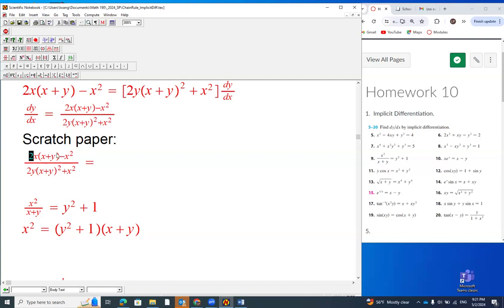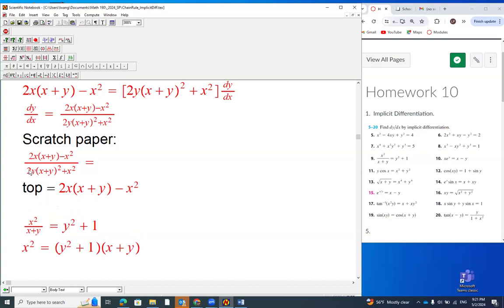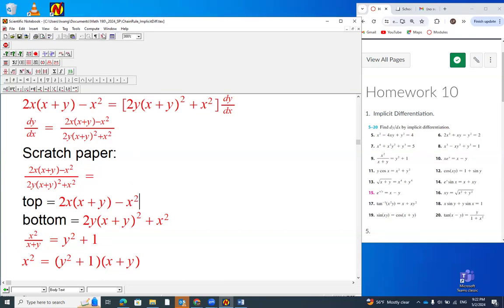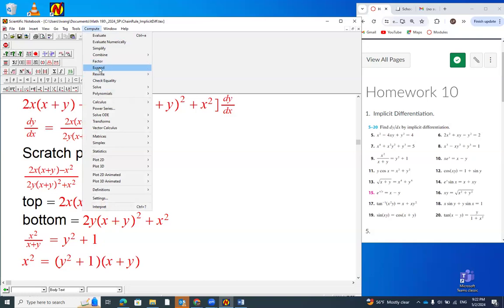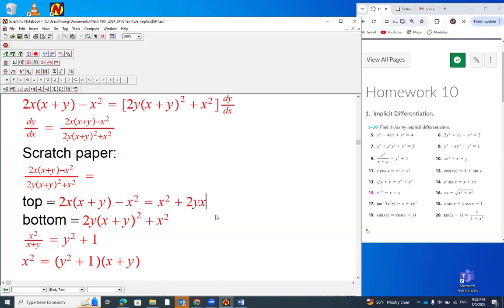Okay. So on the top, the top is going to be that piece, right? And the bottom is going to be that piece. Okay, just try things out. This is what I'm going to do. I'm going to expand. Just multiply this out. There we go.